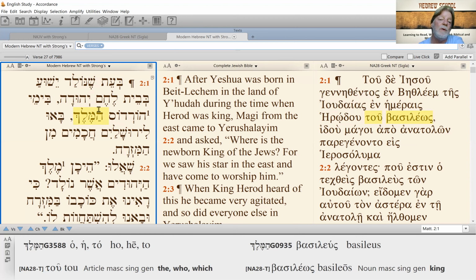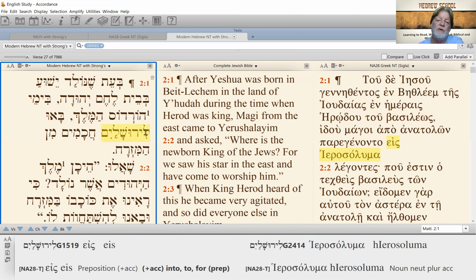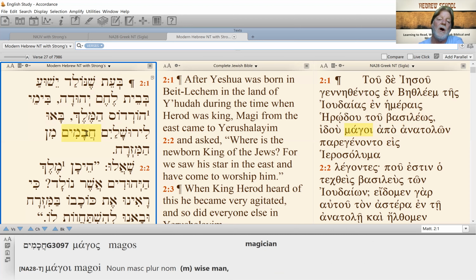When we have a hey prefix, you'll remember that is usually the definite article, the king. Ba'u came, they came, l'Yerushalayim, to, here we've got a prefixed lamed preposition, which means to Yerushalayim, Jerusalem.